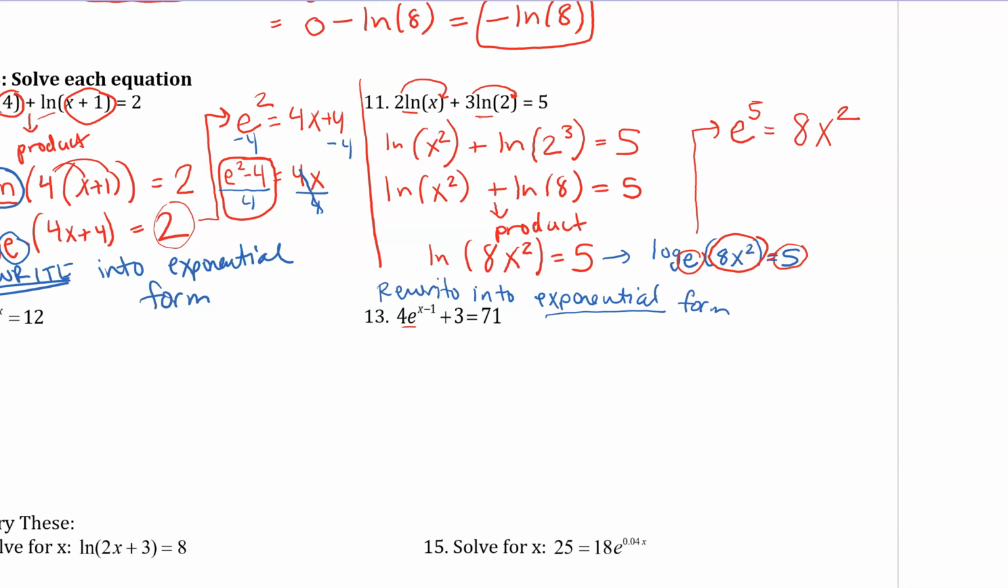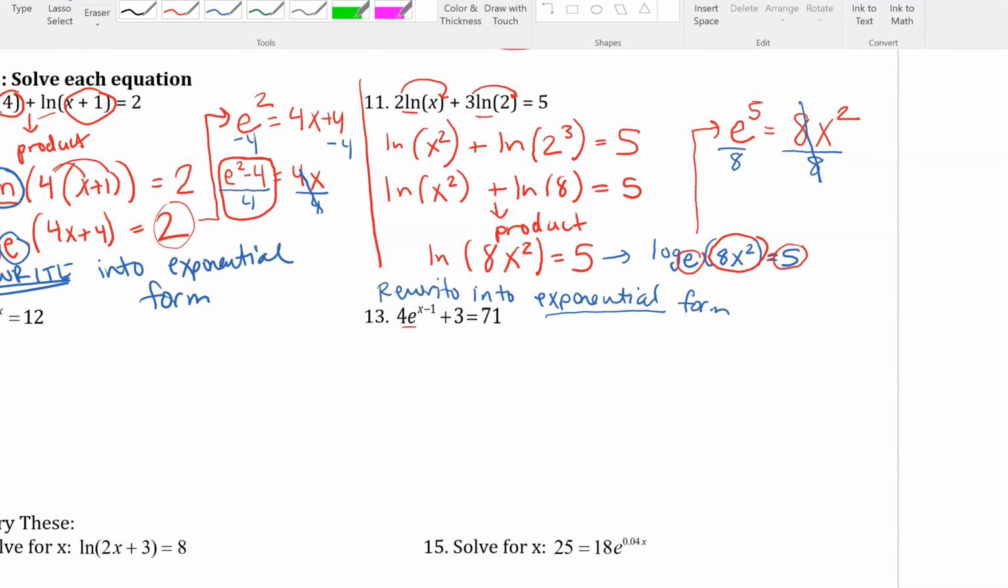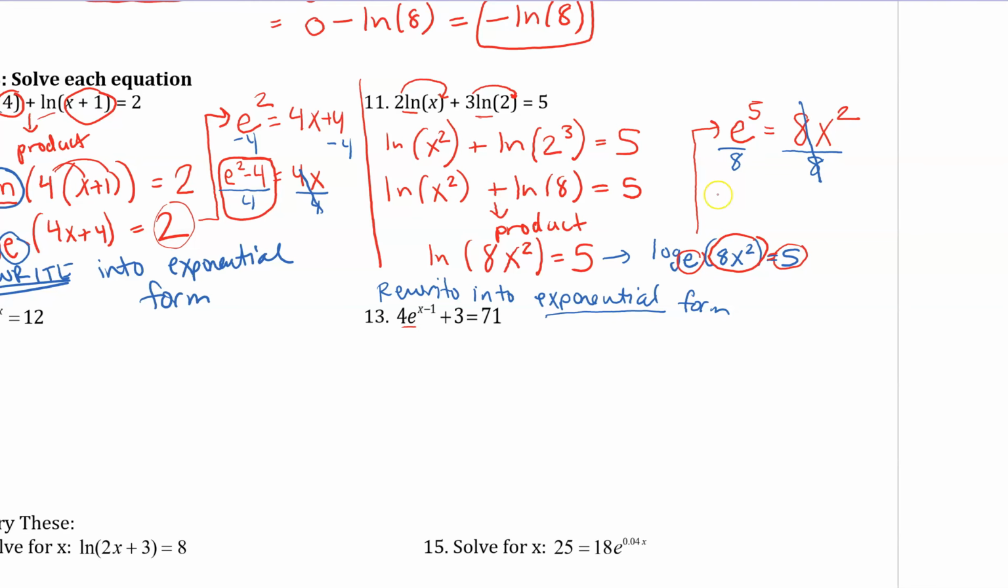So now I just need to isolate x. So I'm going to divide both sides by 8. And then I'm going to square root both sides. So this will be interesting. So I have e to the 5th over 8 equals x squared, and I need to get x by itself. So I have to do another inverse. I'm using two inverses.